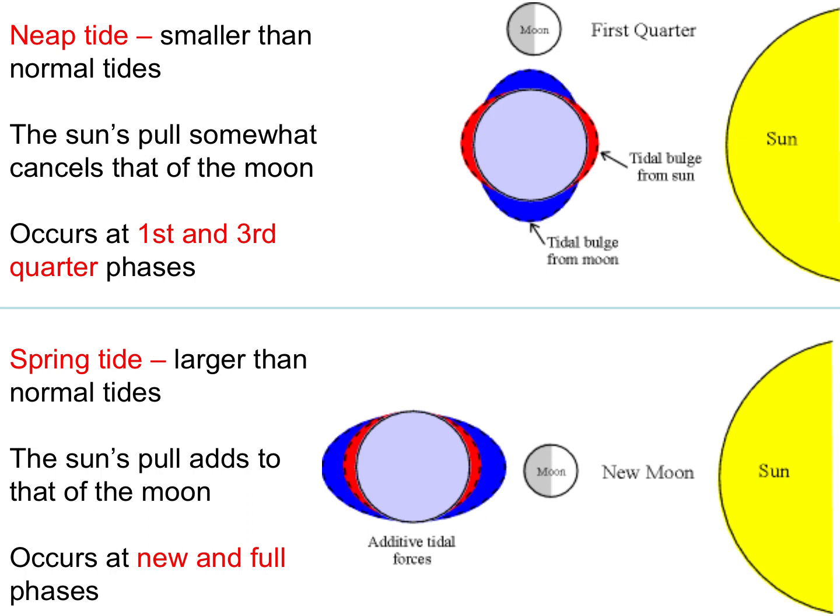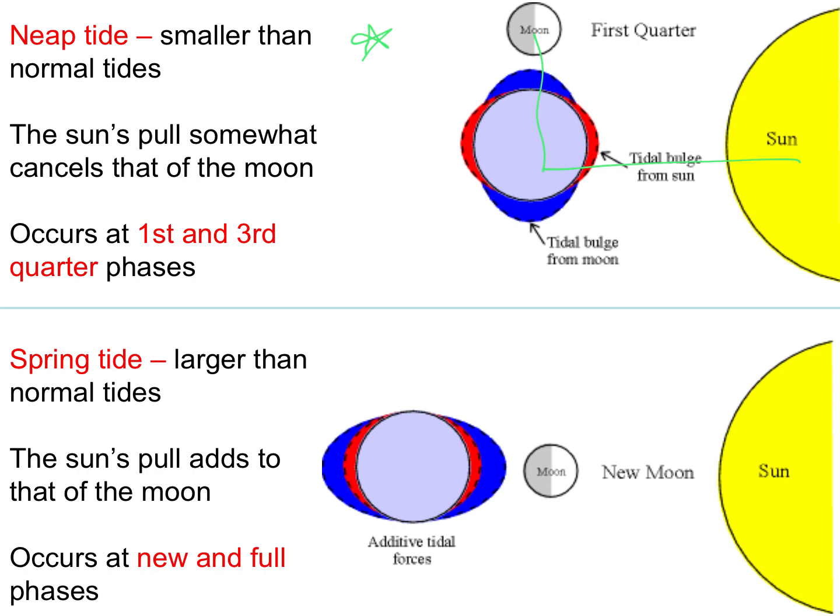Regular high tides and low tides are caused by the moon's gravity, as seen in the blue areas. But the sun also has an effect on the tides, represented by the red areas. The sun's effect isn't as great since the sun is so much farther away than the moon is. A neap tide is when tides are smaller than normal. The sun, the earth, and the moon are at right angles to one another.